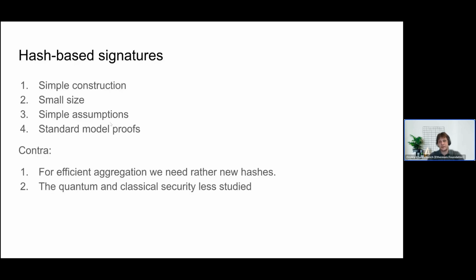I have to warn about the downside: for efficient aggregation, we need not traditional hash functions, but hash functions designed particularly for SNARKs, for post-quantum proof schemes, and they are all prime field based.